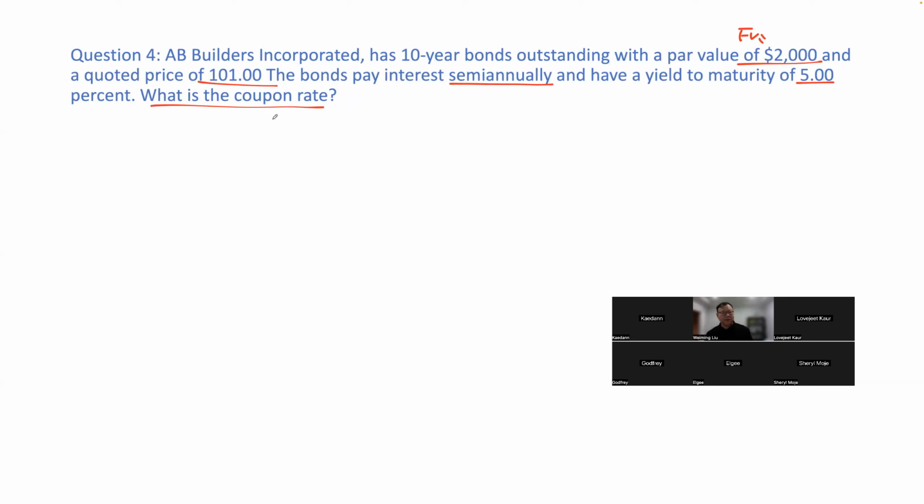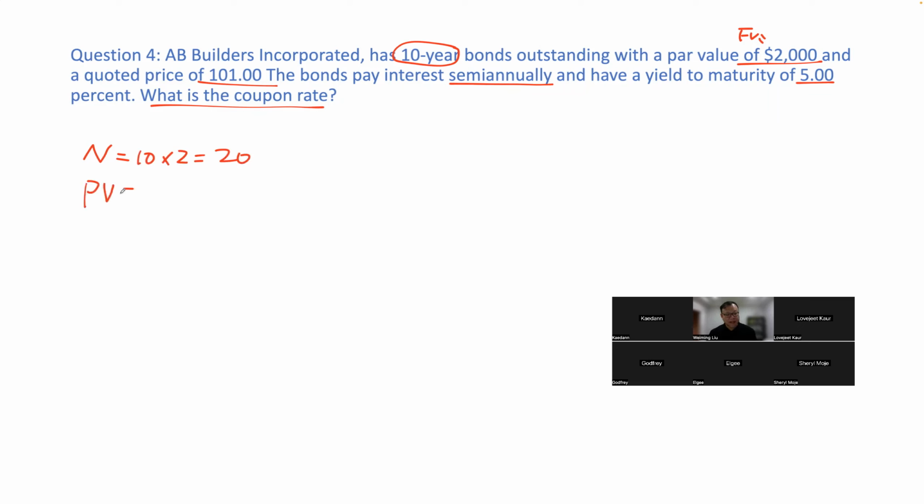Okay, so let's do this. Here, they pay interest semi-annually, so the coupon payment is made semi-annually. So what is my N? This is a 10-year bond. So what's my N? 20, thank you. So 10 times 2, that's 20. Okay. What's my present value?